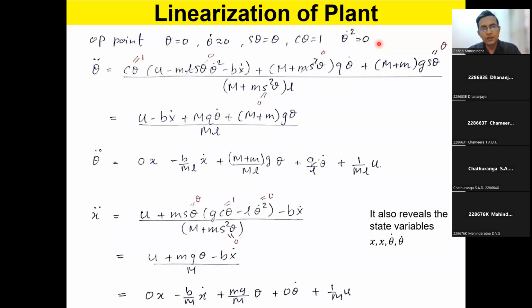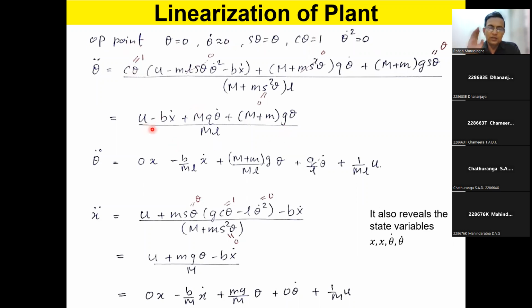You can't have theta equals 45 degrees and theta dot equals 0. That is not reasonable, right? Physically, it is not acceptable. So it's not arbitrary numbers that you pick for your convenience. You have to think about a reasonable, practically feasible state, and you put the numbers around that state and convert the nonlinear dynamics into linear dynamics.